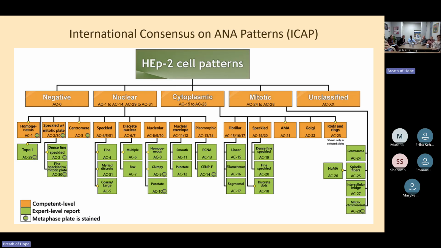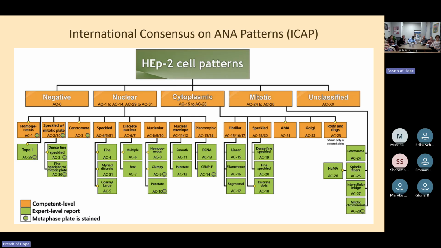You can see AC1, AC2, AC30. AC3, the centromere pattern, also gives you a positive metaphase. Sometimes two of your nucleolar patterns can also look positive. And then is it 14? Centromere protein F can also have a positive metaphase, and then AC28 can have a positive metaphase.